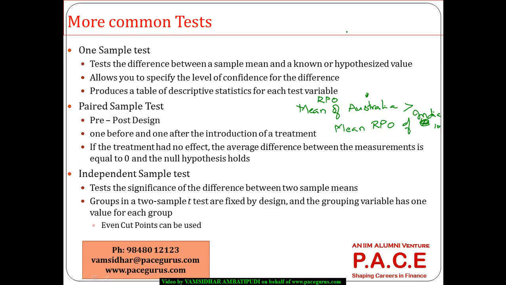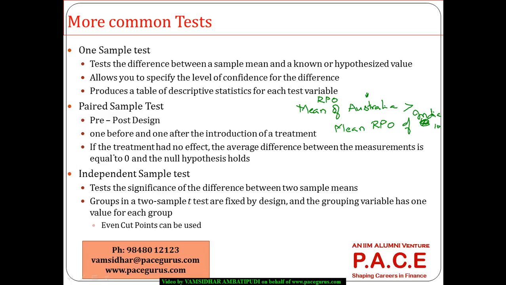I want to test out whether there is a uniformity in the runs per over, whether there is a statistically significant difference between the mean runs per over of Australia versus India. Which means I am trying to compare the averages of two different groups of data, and I want to see whether that difference is statistically significant or can very well be ignored.